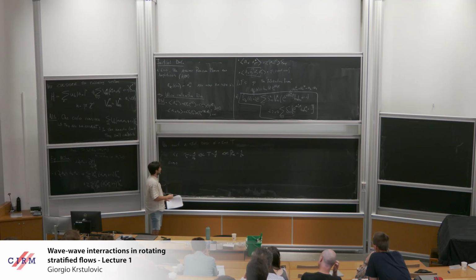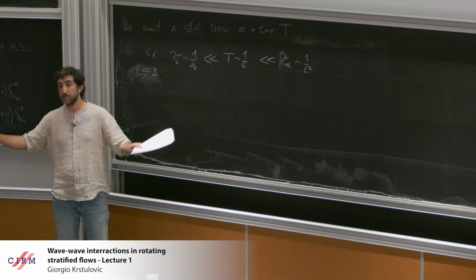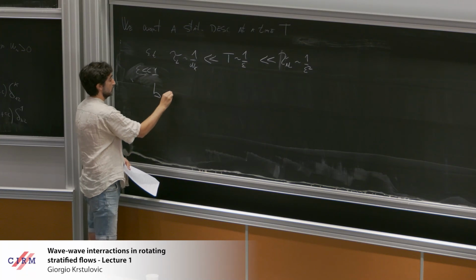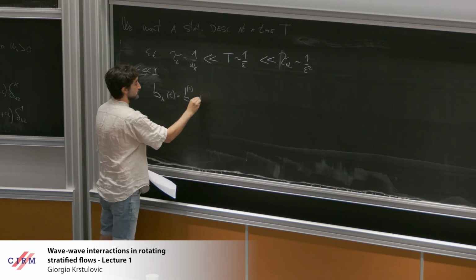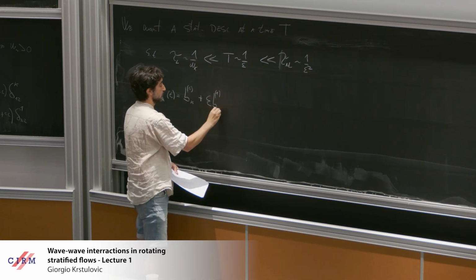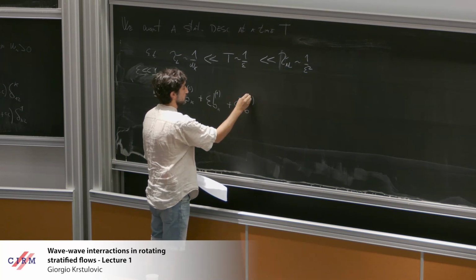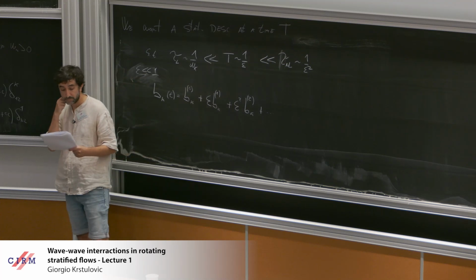And then you take epsilon going to 0, actually epsilon small, and we expand B in terms of epsilon. So your bk of t will be b0 of k plus epsilon b1, and I don't need to go further.